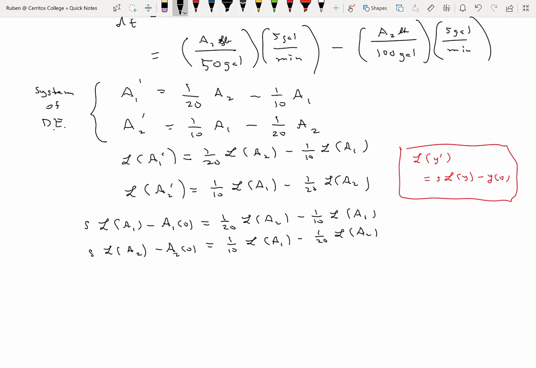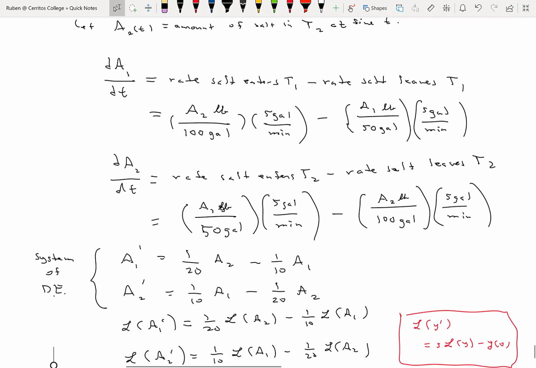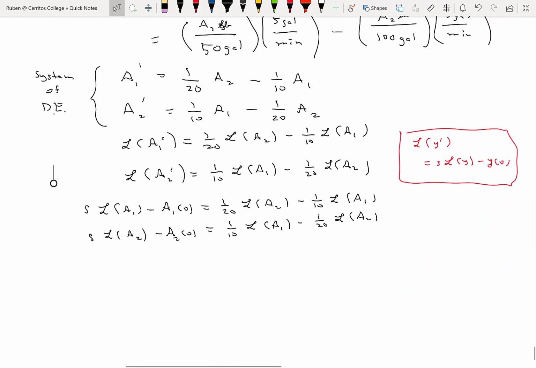So the first thing, I'm going to apply my initial conditions, namely A1 of 0 is 5 and A2 of 0 is 0. So into this system, I'm going to be putting A1 of 0 is 5 and A2 of 0 is 0.